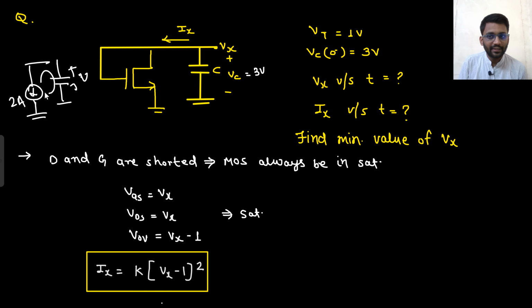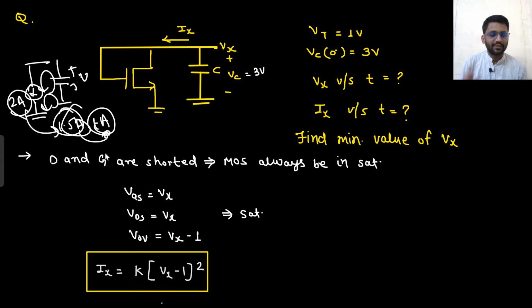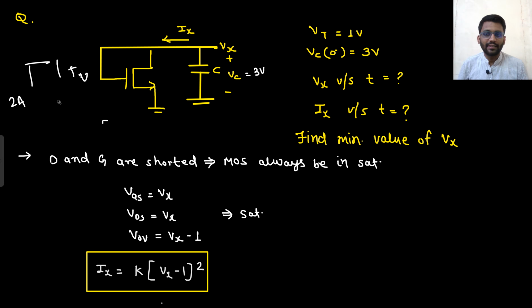After some time it will be getting discharged with only 1.5 ampere current, then after some time only 1 ampere current. It is not getting charged. It is getting discharged only, but the amount of current is getting decreased. Are you getting this point? So slowly the current is decreasing, and the voltage is also decreasing.